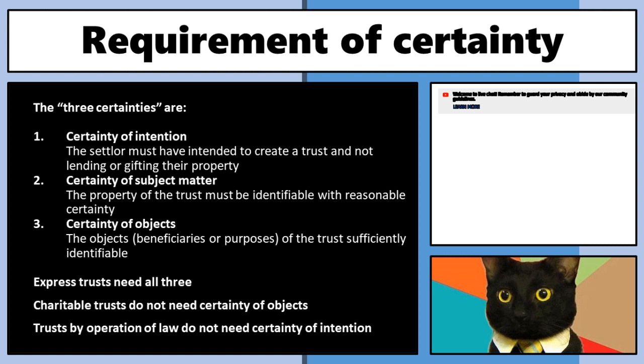Some of them say they do have certainty of objects, but the object is a purpose, rather than fixed and discretionary trusts that are always going to have beneficiaries as their objects. That's just something to note, and again, you'll see it in different texts, and you'll see it probably for those that have access to Nicola's and or Tom's recordings.